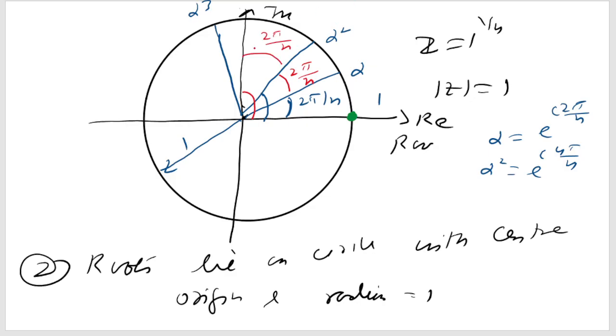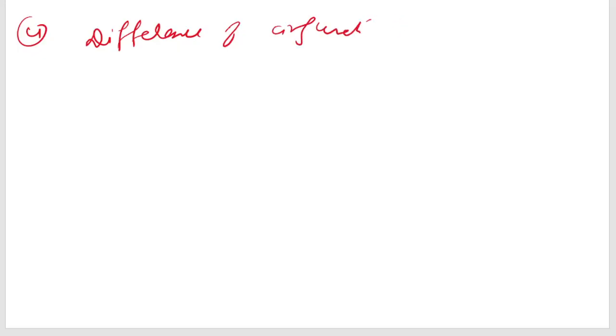So the difference of arguments between two consecutive roots will be 2 pi by n.